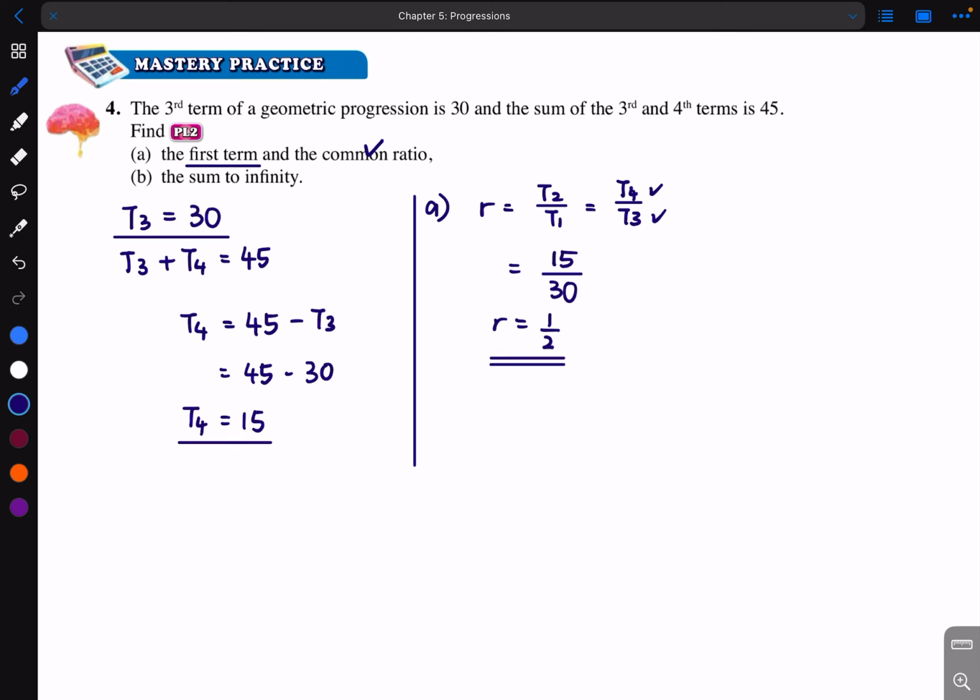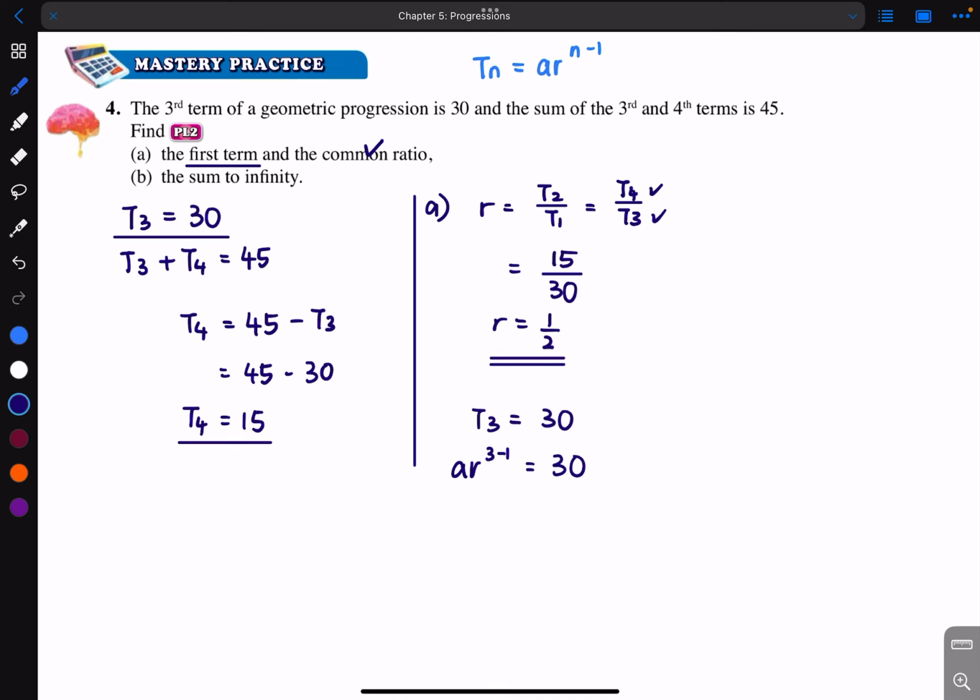Now we need to find the first term, which is A. For geometric progression, the formula of Tn would be A R to the n minus 1. So we know T3 is 30. So A R to the 3 minus 1 will be 30.